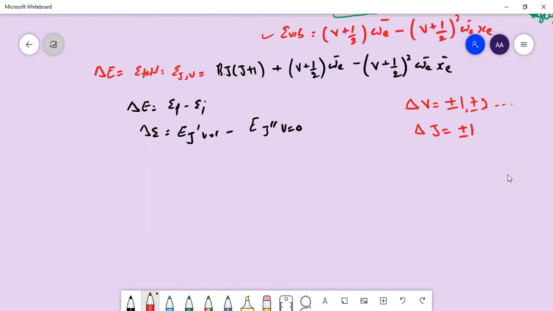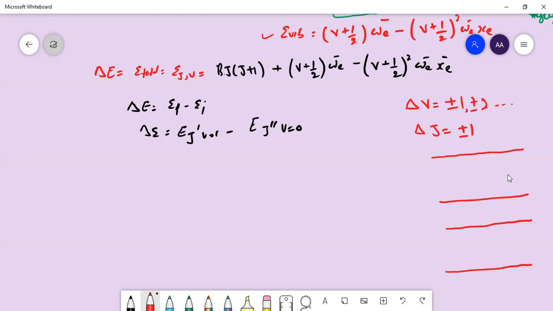So before calculating this equation, I will draw the energy levels of a diatomic molecule. Let me draw the energy levels of your rotating, vibrating diatomic molecule. First I will draw the vibrational energy levels. We know that the energy gap between two vibrational energy levels is equal, which we have already discussed in our earlier lecture.